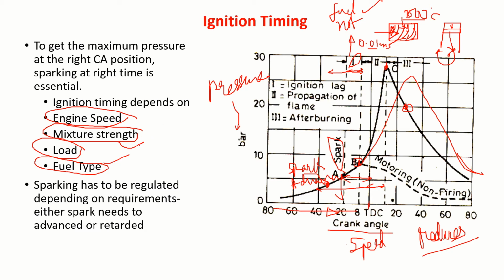Lean mixture means it will travel very slow. We have to look into those and, for a given fuel type and strength, find the ignition lag and other factors. Accordingly, we have to either retard the spark, set it at the right position, or advance the spark. Sparking has to be regulated depending on requirements. Either the spark needs to be advanced or retarded.